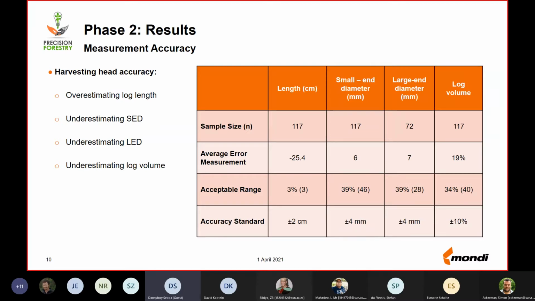And only about 39% of our sample was within the acceptable standard of plus minus 4 millimeters. Lastly, if we look at log volume, the machine was underestimating it by about 19% on average, and only about 34% of our observations were within the accuracy standard of plus minus 10%.